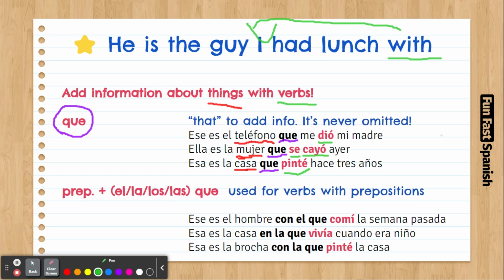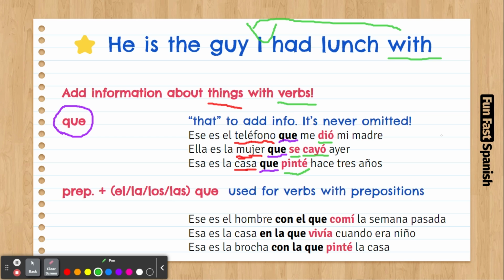So verbs have prepositions, but that doesn't mean all the verbs need prepositions. I eat pizza, plain and simple. I'm not saying I eat of pizza, I eat for pizza, I eat about pizza. No, you don't need this preposition here, but some verbs definitely need prepositions. And we're going to study these verbs in Spanish as well.